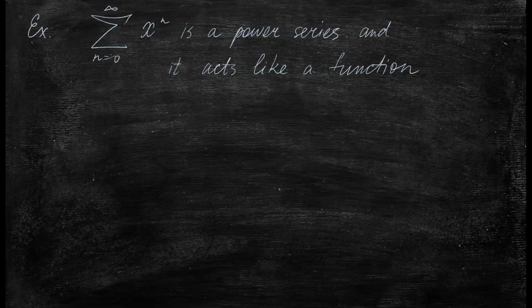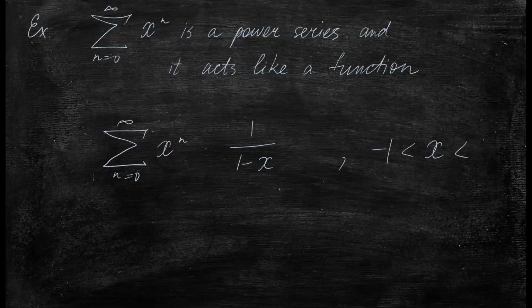Which function? We earlier discovered that it acts like this function. So this power series acts like this function, but it's not always true. It is only true when x is, remember x is your common ratio, so the absolute value of x has to be less than 1. So the absolute value of x being less than 1 means that x itself ranges between -1 and 1.